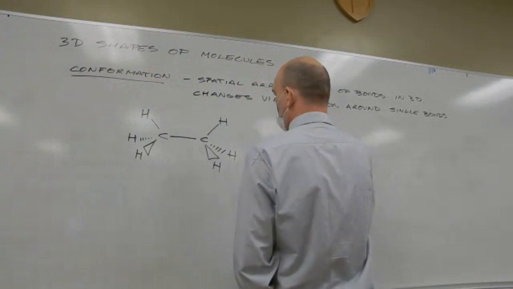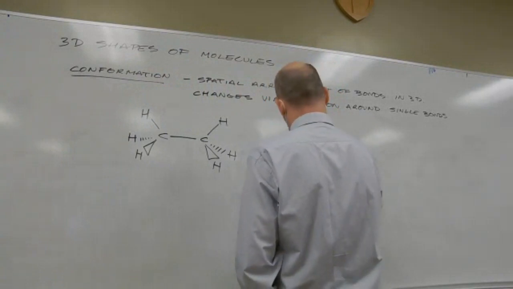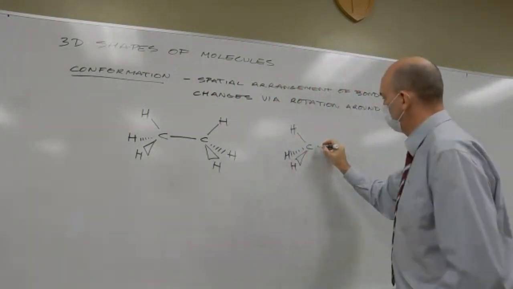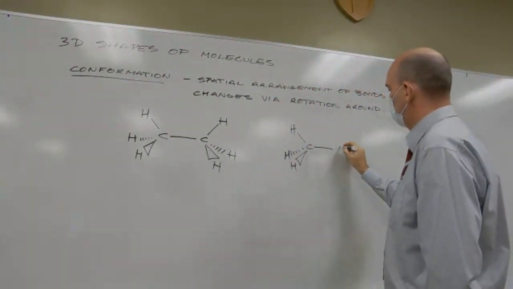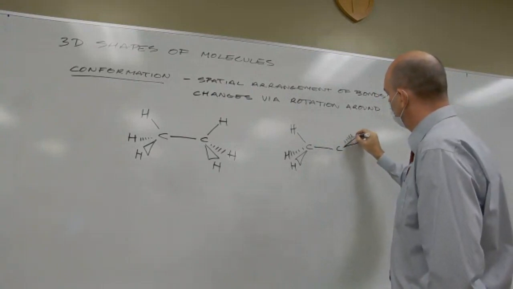We'll keep one of these the way that it is. Wedges mean pointing out towards you. Hatches mean pointing away.